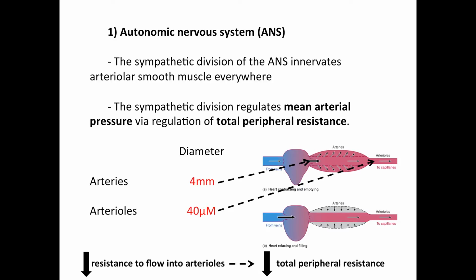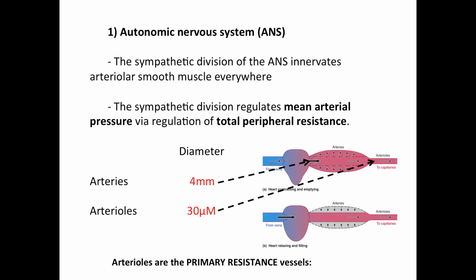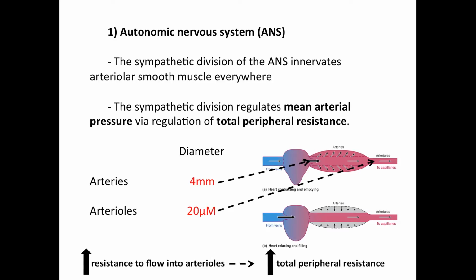And if I do that, I'm going to reduce total peripheral resistance. Okay. Let's take the other direction. It's also true. If I were to reduce the diameter of the arterioles, this would increase resistance to flow of blood from the arteries into the arterioles, resulting in an increase in total peripheral resistance.